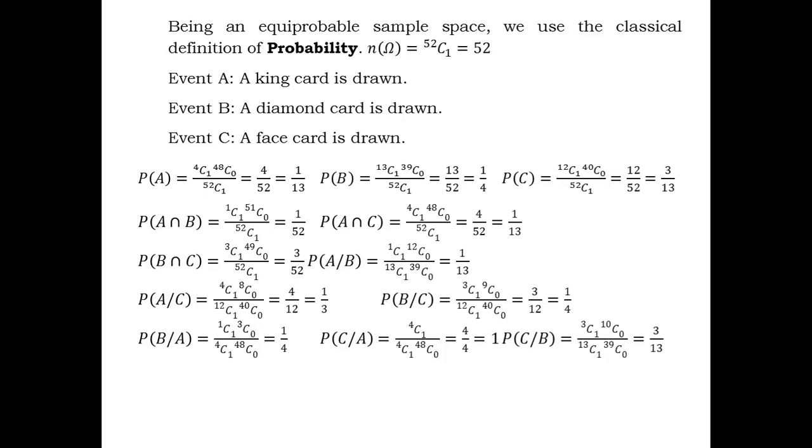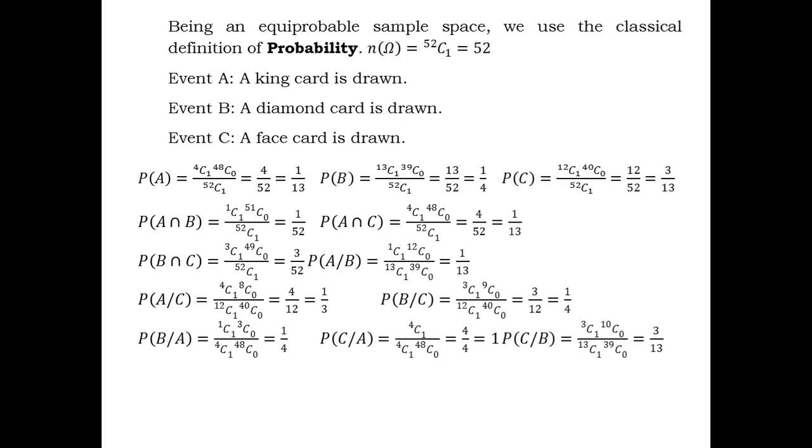And finally, probability of C given B: already event B has happened, so 13 in the denominator. What is the probability that a diamond card is a face card? So 3 by 13. So initially 6 unconditional probabilities and later 6 conditional probabilities. So these are the 12 different probabilities we are seeing.